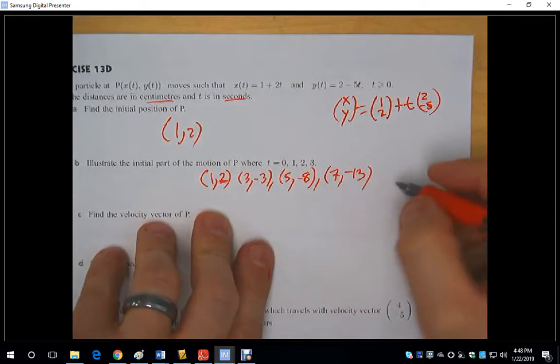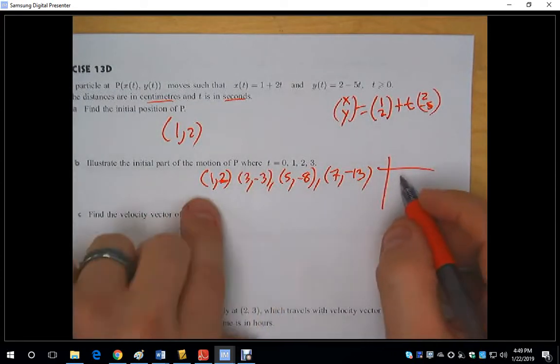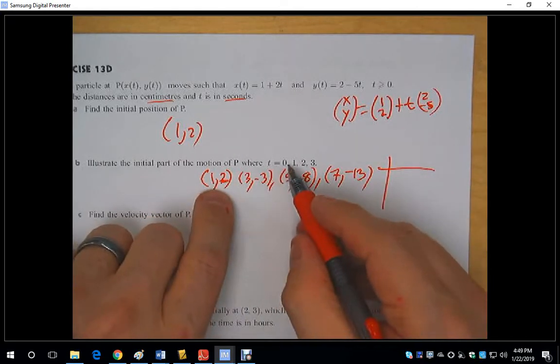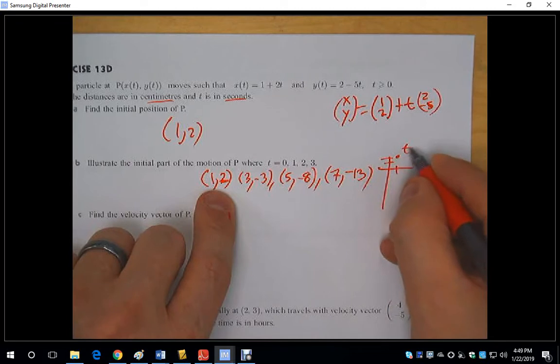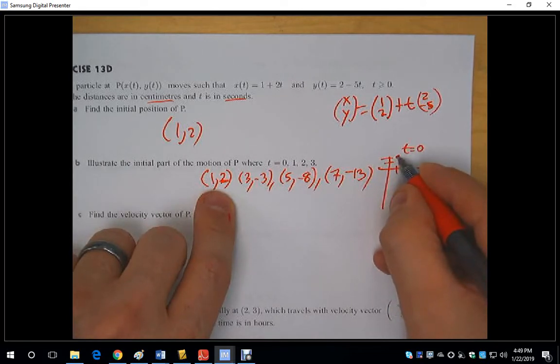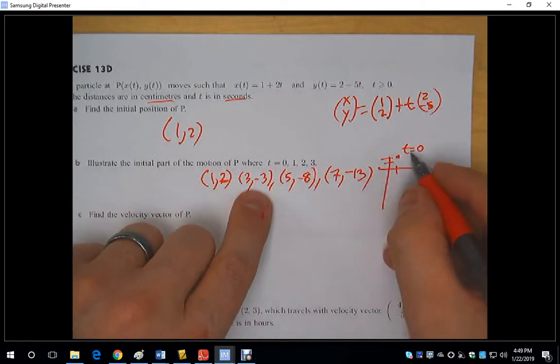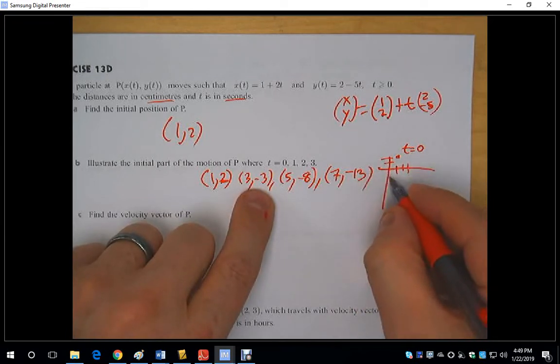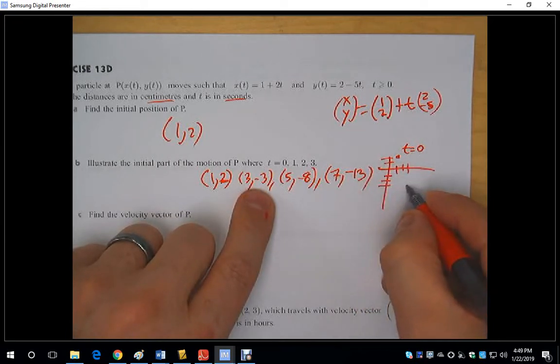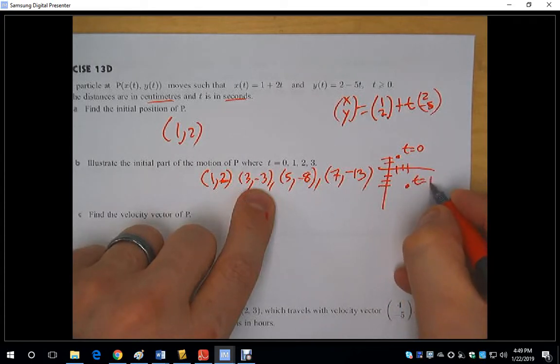So if I want to illustrate this, when t equals 0, I'm at 1 over and 2 up. So t equals 0, I'm at this location here. When t equals 1 second, I'm at 3 over from the origin, and 3 down. So that would be t equals 1.